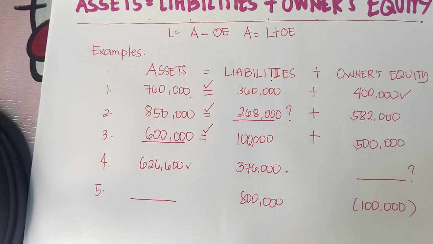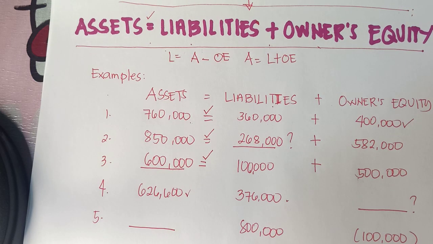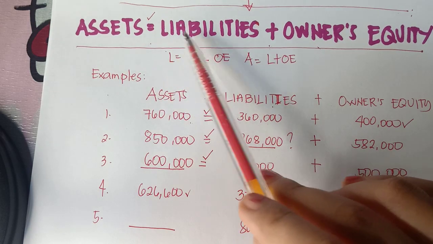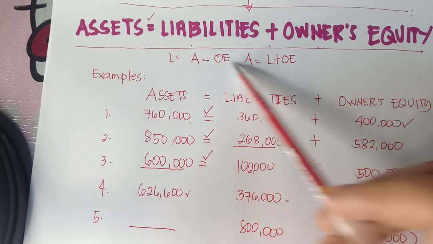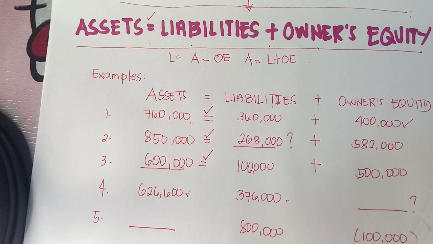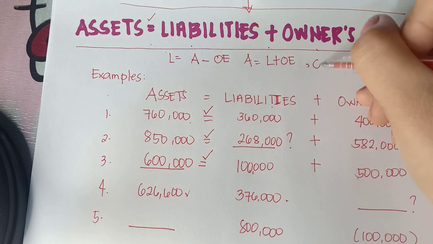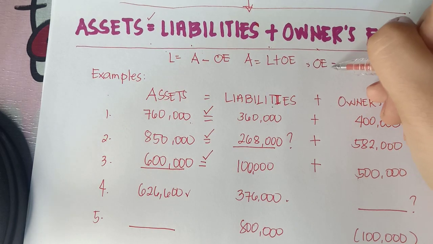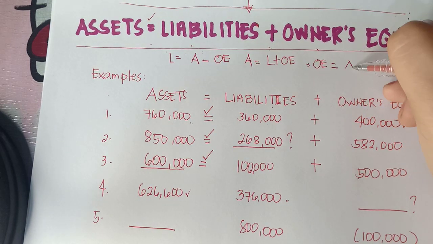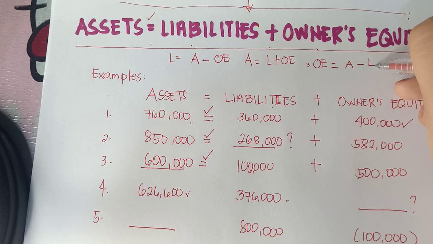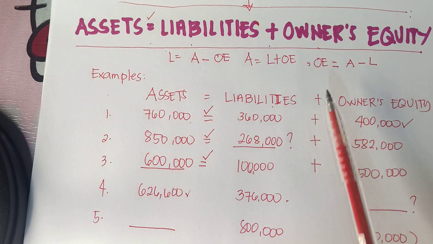Let's go back to our basic accounting equation, which is assets is equal to liabilities plus owner's equity. In problem number 4, we have to find the value of owner's equity. So, owner's equity is equal to what? Assets minus liabilities. Remember that one.